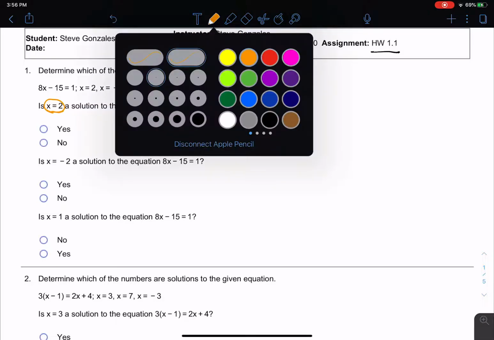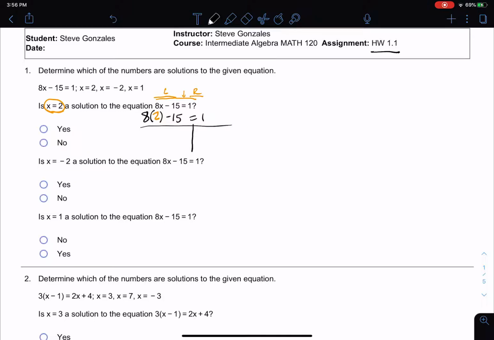Let's see what happens. 8 times 2 is 16. 16 minus 15 gives us 1, and 1 definitely does equal 1. So this would be yes. Yes, x equals 2 is a solution for this equation.